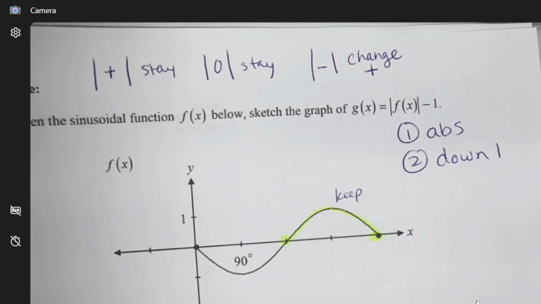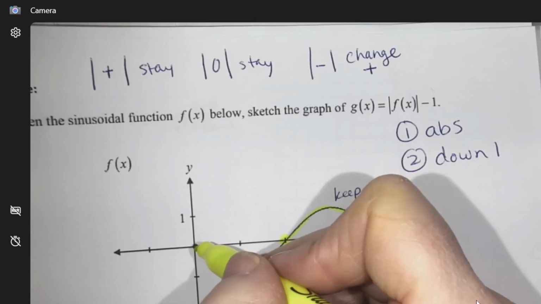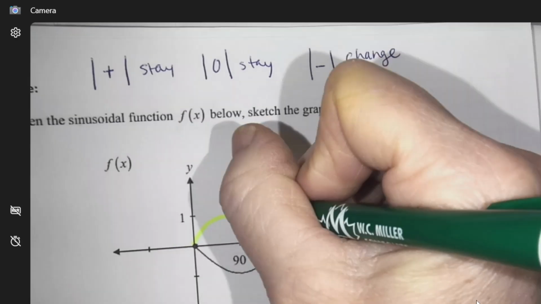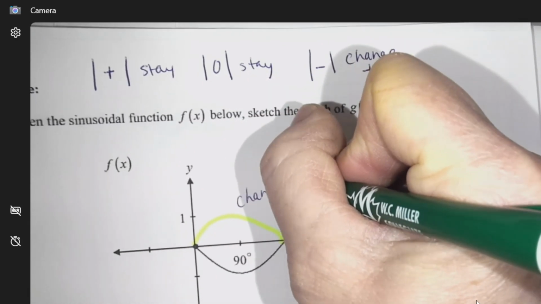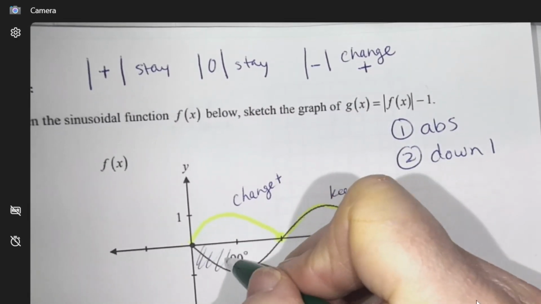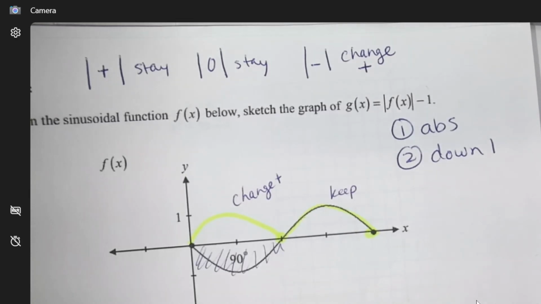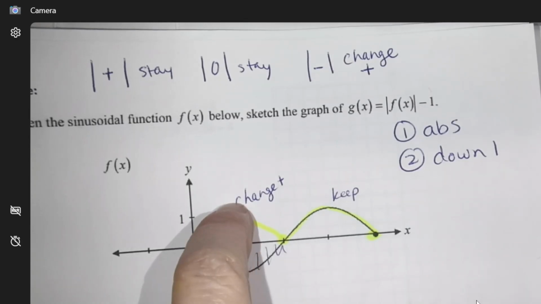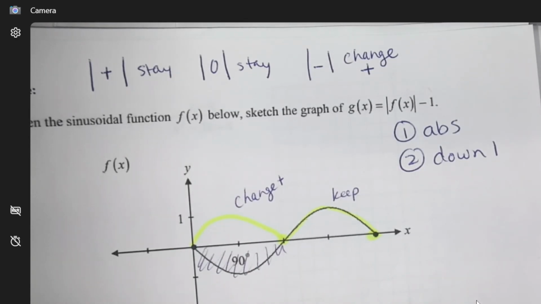It's all 0 or positive. So that's what I did. I kept that section and I made this little negative section, I've changed it.